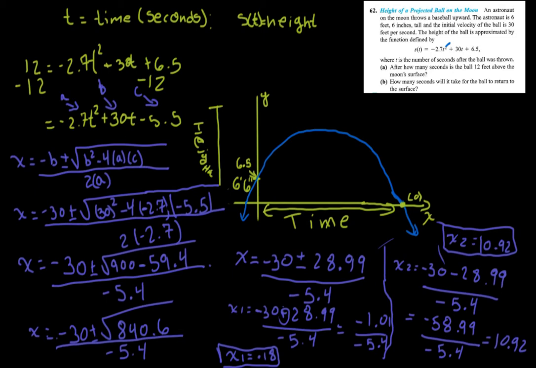Because think about it, our ball is going at 30 feet per second. Well, in this case, that's possible because, let's say this right here is 12 feet, and this point is going to be 0.18 seconds. This is x, right?